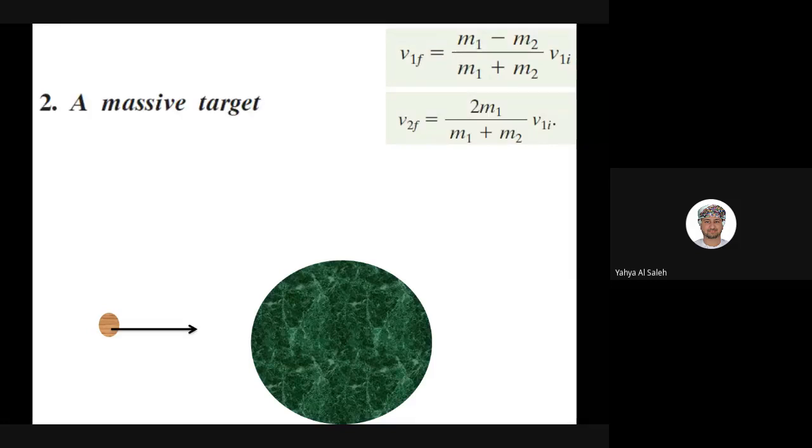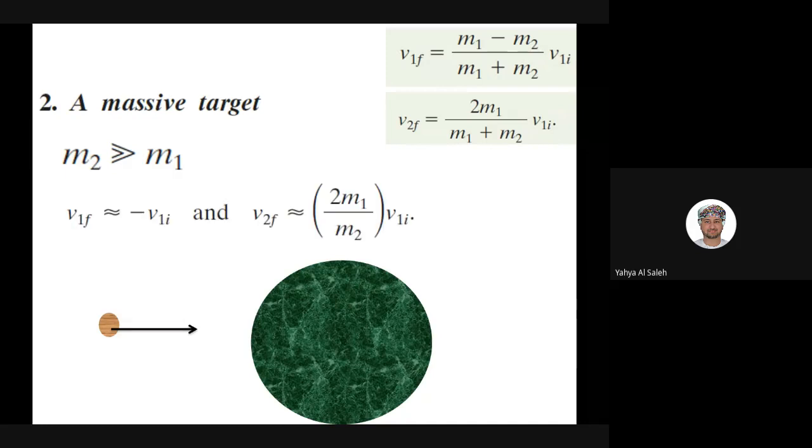Okay. So if I have a massive target, that means the mass of the big ball, M2, is way more than M1. So I can approximate my equations. If M2 is way more than M1, then M1 minus M2 is approximately what? Just minus M2. If I have M1 equals 1 kilogram, M2 equals 1,000 kilogram.